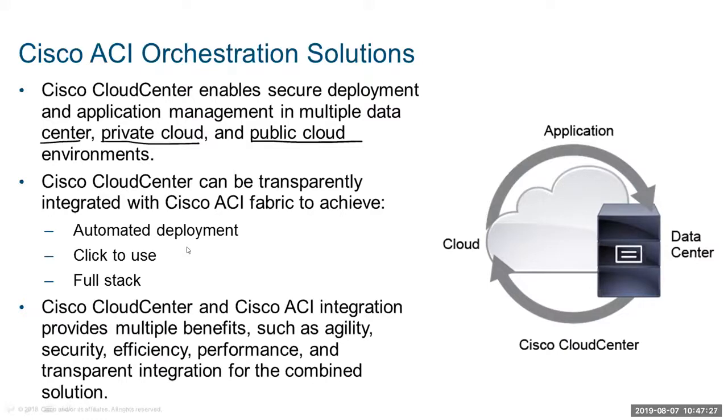And in the background, it will make Cisco ACI do the micro-segmentation that you might need in order to implement the security that you configure in your Cloud Center application requirement. And then, of course, it shows you, it automates the entire stack. The entire application deployment is completely automated in Cloud Center. And of course, that will translate directly into the ACI application profile, the EPGs, and the required contracts between those EPGs.